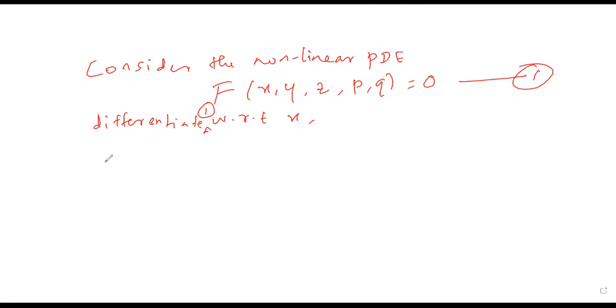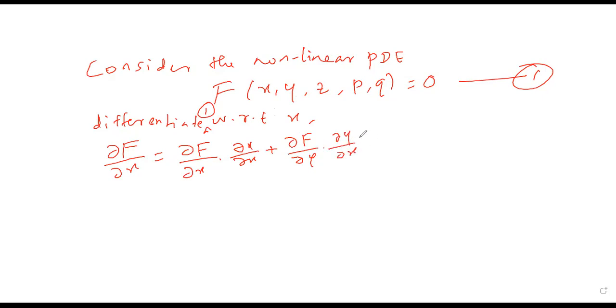Since f is a function of x, y, z, p, q, it will be a partial derivative: ∂f/∂x times ∂x/∂x, plus ∂f/∂y times ∂y/∂x, plus ∂f/∂z times ∂z/∂x.